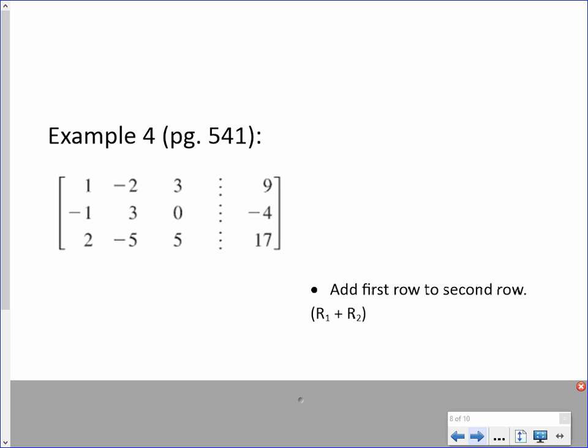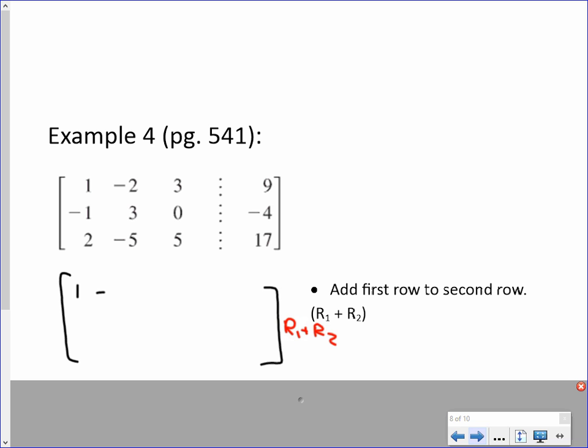The second row is changing. So what I would do when I'm doing my row operations is copy my matrix. It's a 3 by 4. Since I'm changing the second row, I'm going to do right here, row 1 plus row 2 in the second row. I'm actually going to go ahead and copy my first and third rows so I don't try changing them.